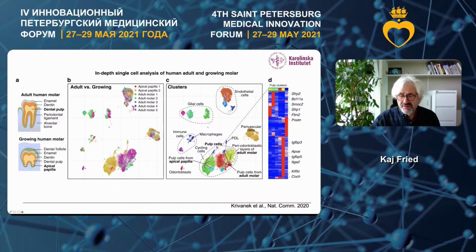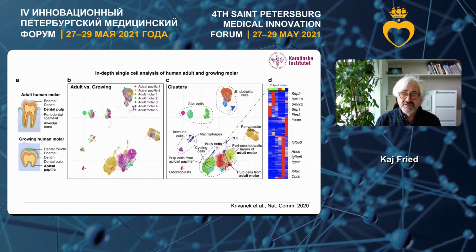So there are certain similarities between mouse and human. There are important similarities, but there are also important differences at the end of the day, which is expected, of course, since mouse teeth and human teeth are not identical.